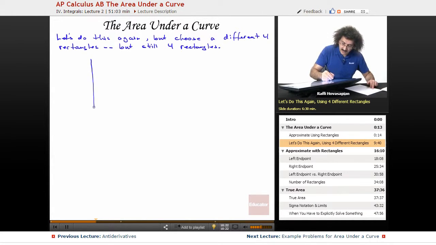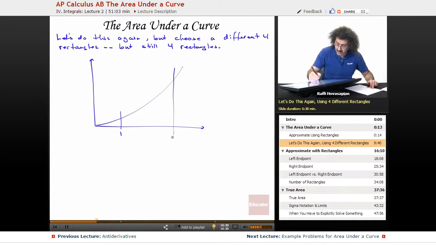Great. So now I've got my drawing again. I've got my x squared graph. I have 1. I have 5. Midpoint, midpoint, midpoint. So now I've got 1, 2, 3, 4.